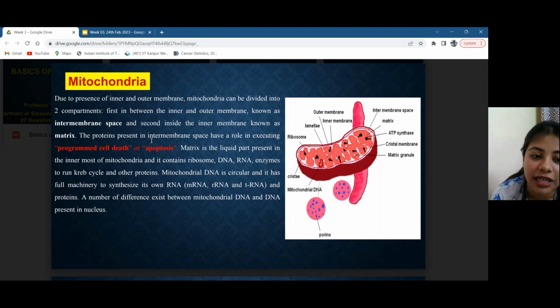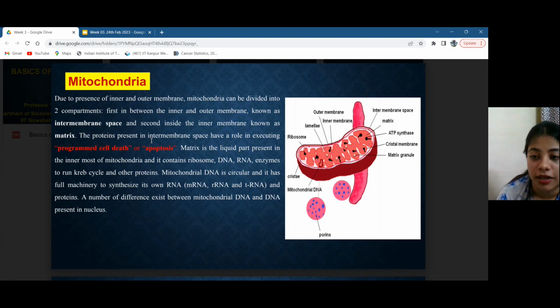Mitochondrial DNA, or mtDNA, is circular. It has its own RNA: mRNA, rRNA, and tRNA, and therefore there is a distinction between the normal nuclear DNA and the mitochondrial DNA. Mitochondrial DNA is inherited differently. Majorly, there is maternal inheritance, that is, from the ovum.